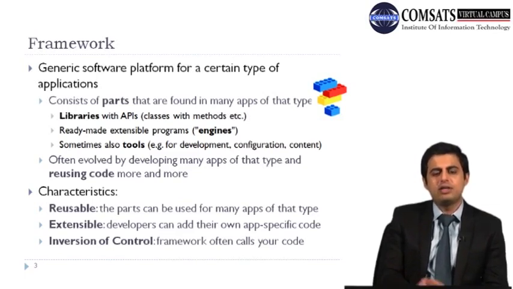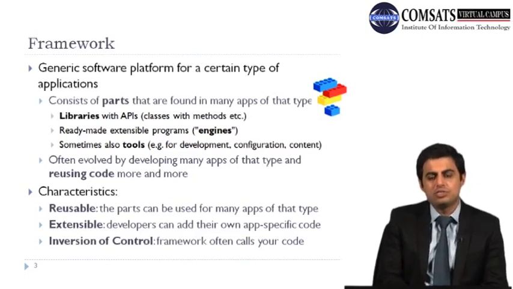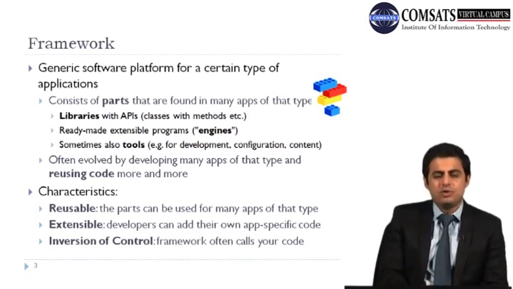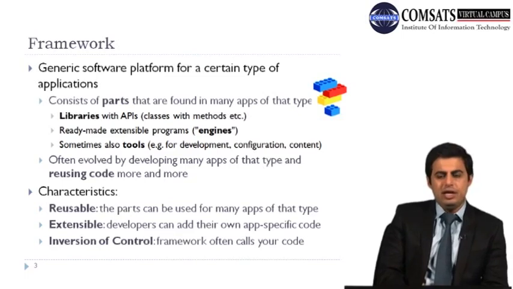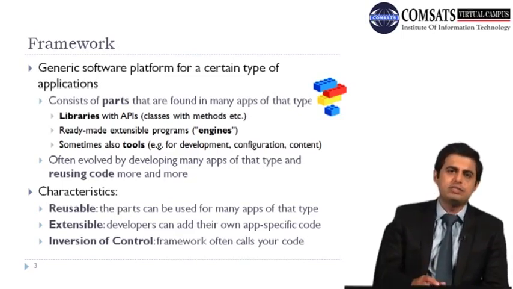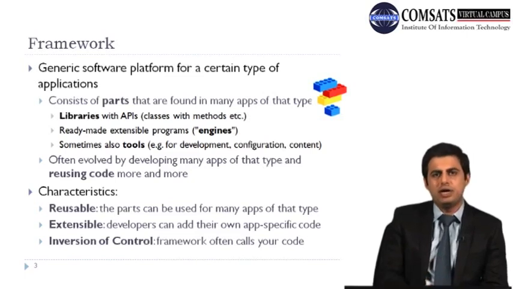Similarly, it has another part which is called ready-made extensible programs, which are also called engines. They are already developed programs, and they're extensible in nature too. Extensible means that you can add some behavior to them, or you can override their methods, or you can add any kind of extra method to them. And ready-made means that they are already well written and compiled.